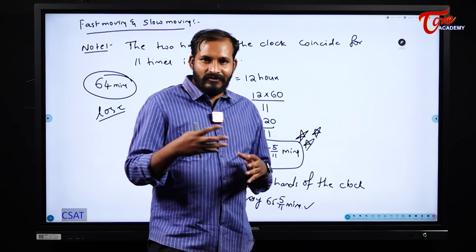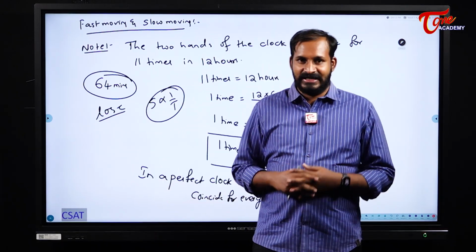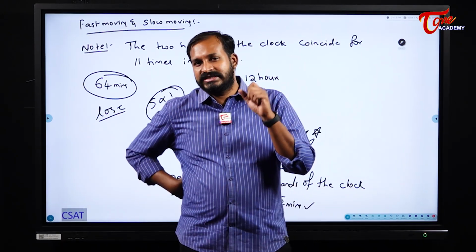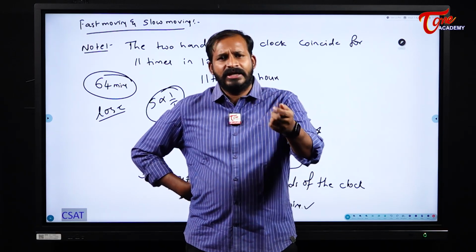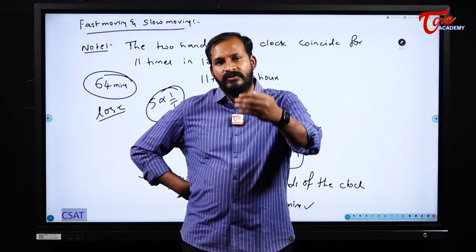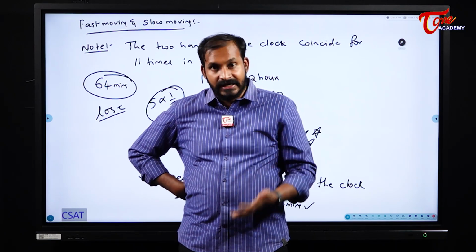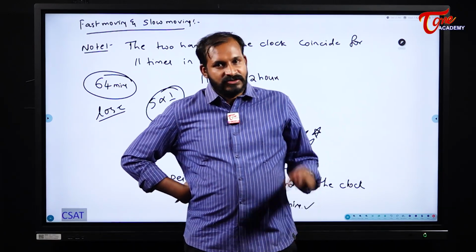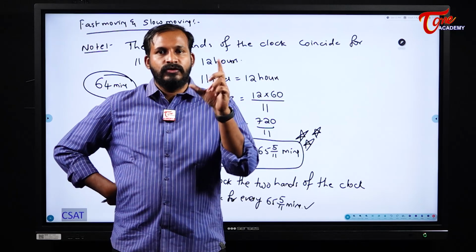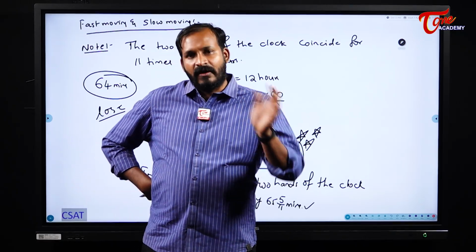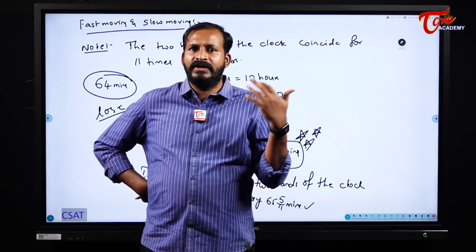Because of this early attendance, you are losing some time. Assume that you went into the examination hall 10 minutes early. Without knowing it, you wasted 10 minutes, right? Why? Because after going to the examination hall, you need to wait for 10 more minutes.